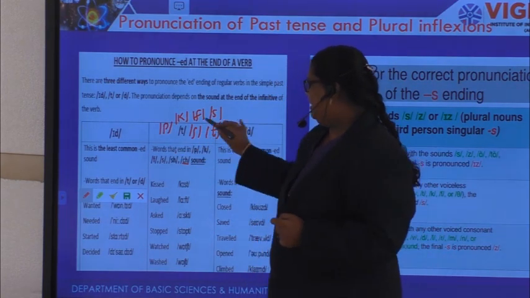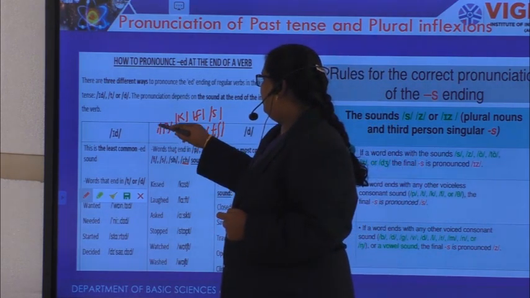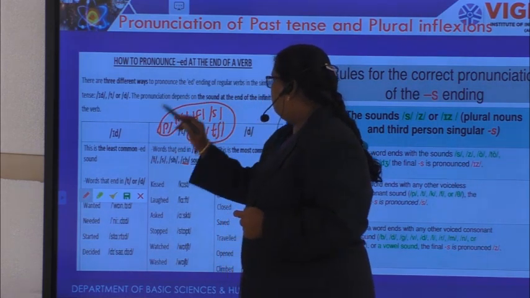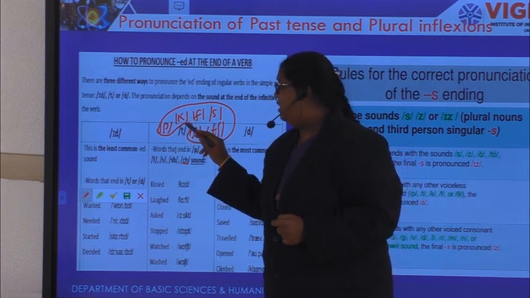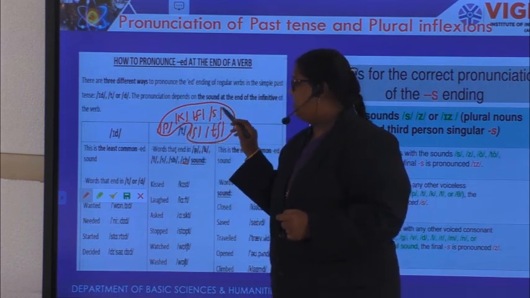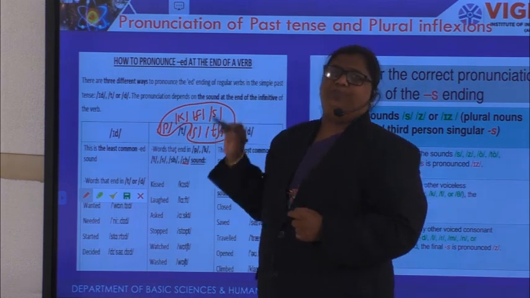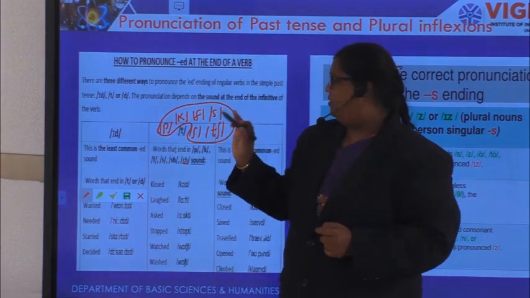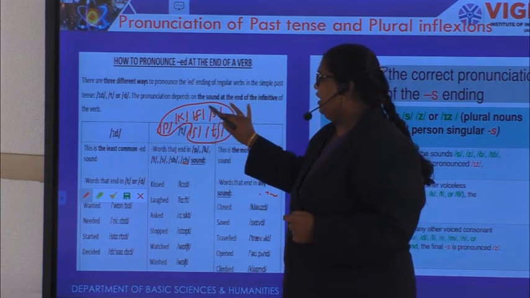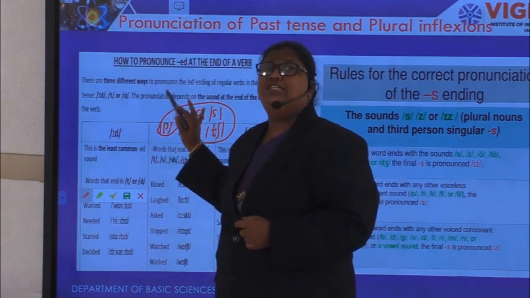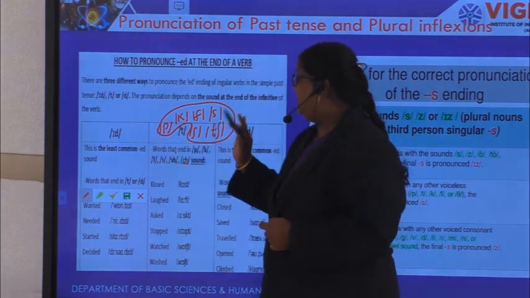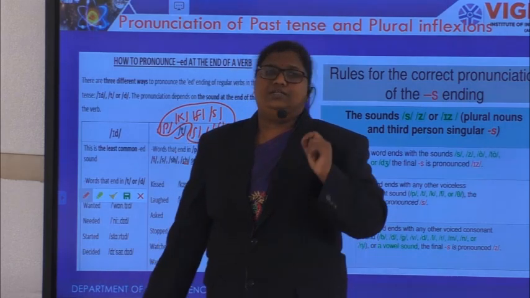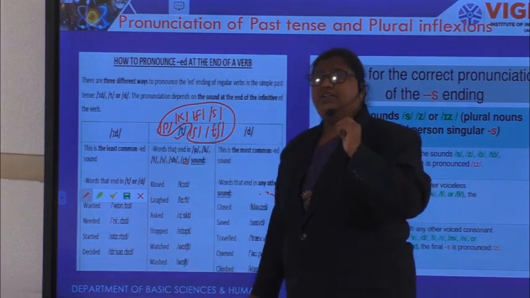How many sounds are here? 6 sounds. What are they? P, k, f, s, sh, ch, like church. So if any verb ends with any of these sounds, then the ed you have to pronounce as t. Ed has to be pronounced as t.